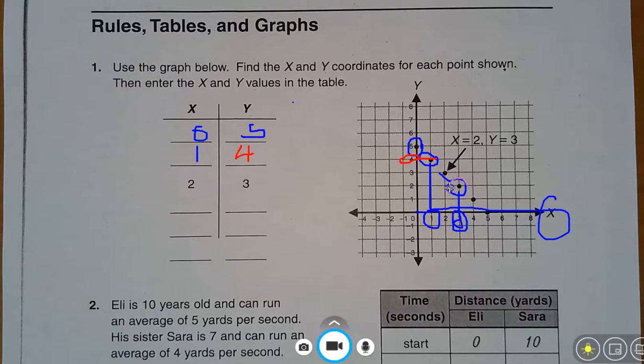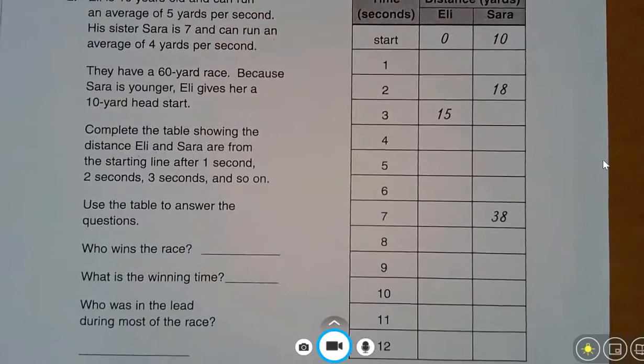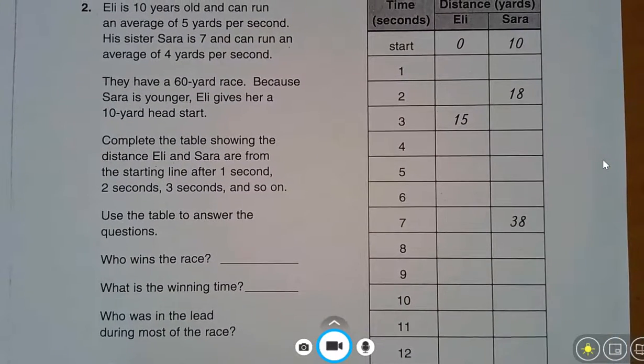So this coordinate, how high did it go on the y-axis? Those 2 numbers go in these blanks, and so on for the last 2. That's pretty self-explanatory.